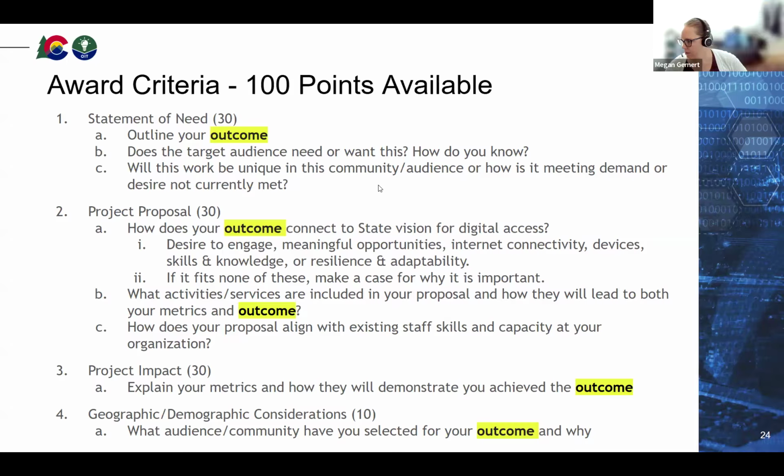Yeah, and maybe, oh, we don't have the minimum requirements slide right before this, but it's not specifically called out in the minimum requirements or the award criteria that more population is better or worse.